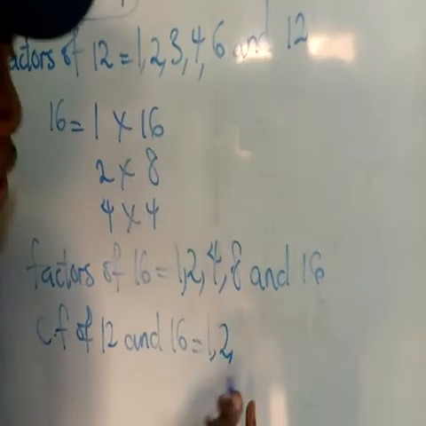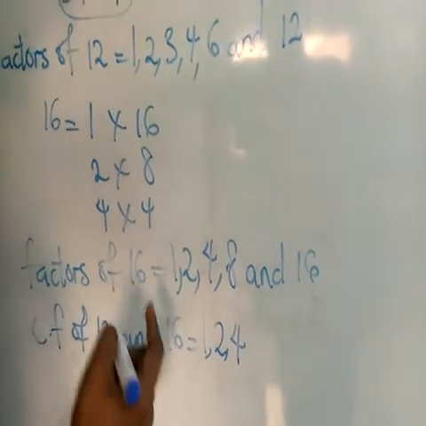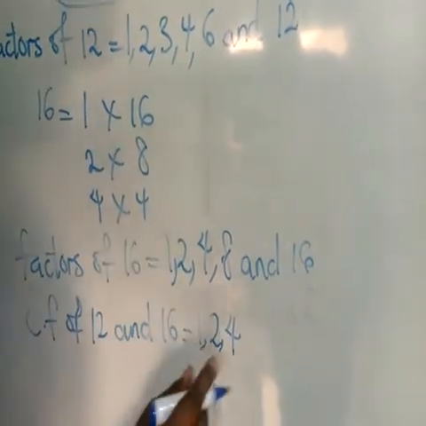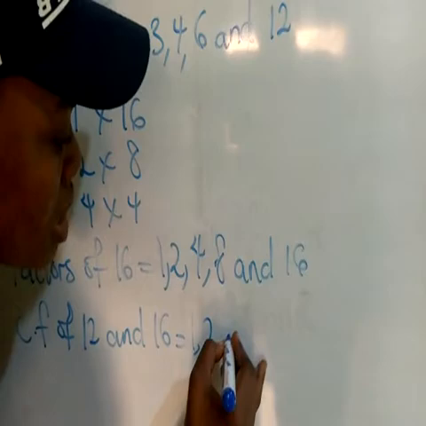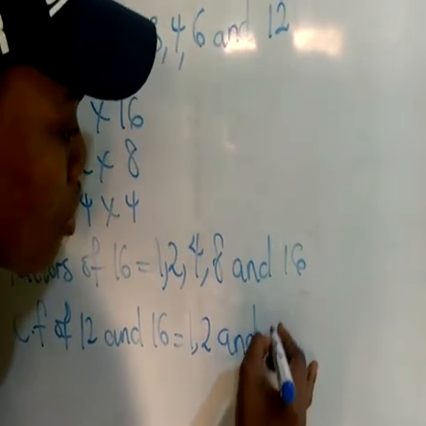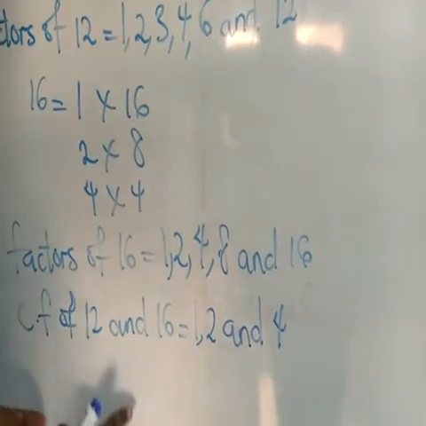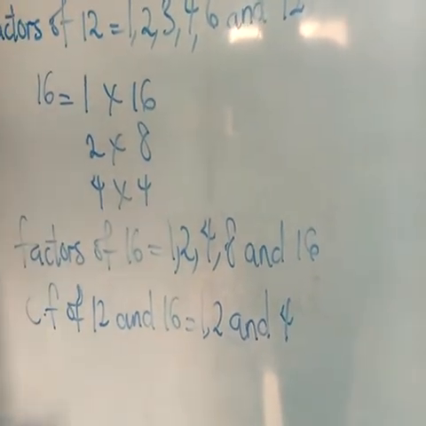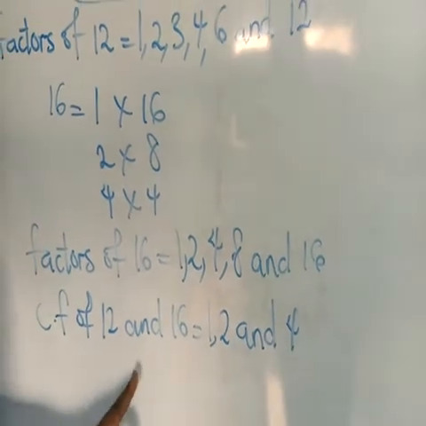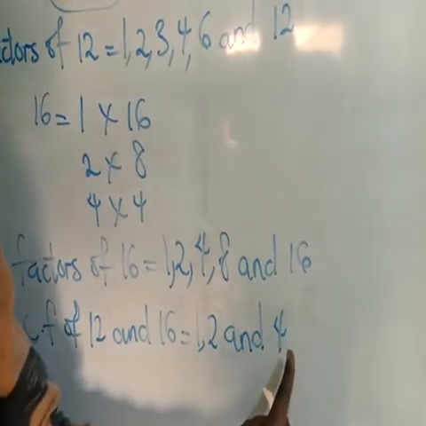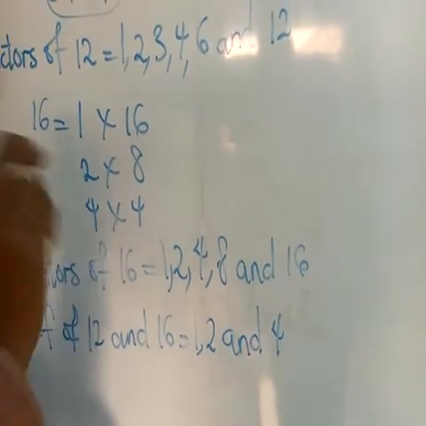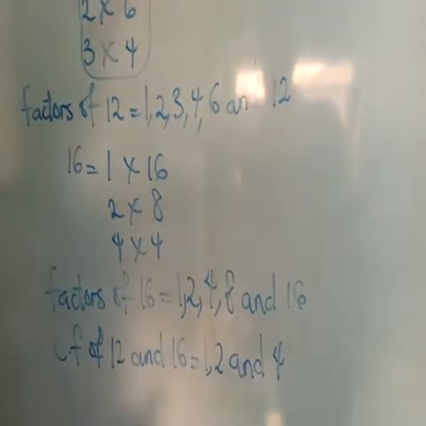There's 4 here, we have 4 here. So we take the 4. And that's all. Because the 4 is the last one, we write and 4. So these are the common factors of 12 and 16, which means 1, 2, and 4, pardon me, are the common factors of 12 and 16.